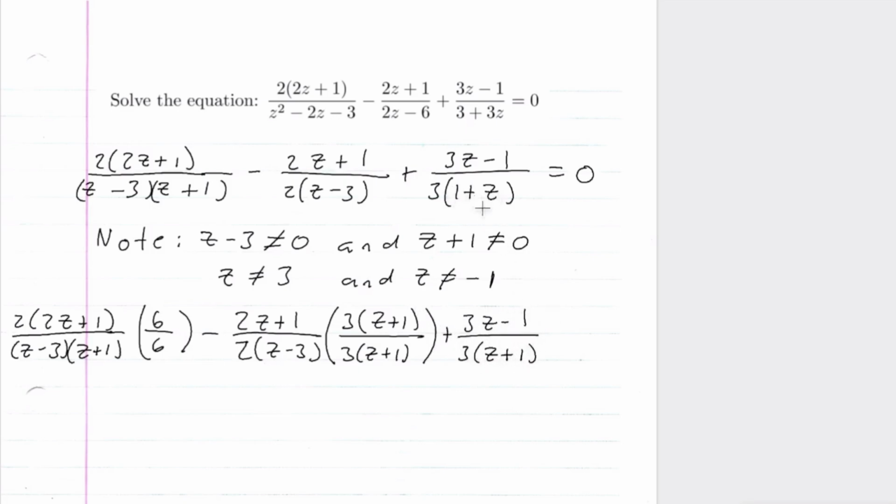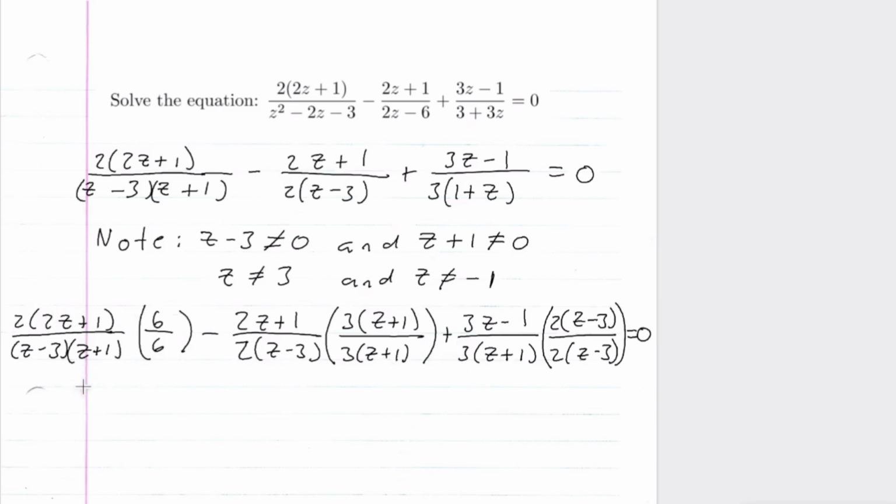I'm just going to rearrange that, right? And then times, so let's see, I would need a 2 times z minus 3, and that's equal to 0.